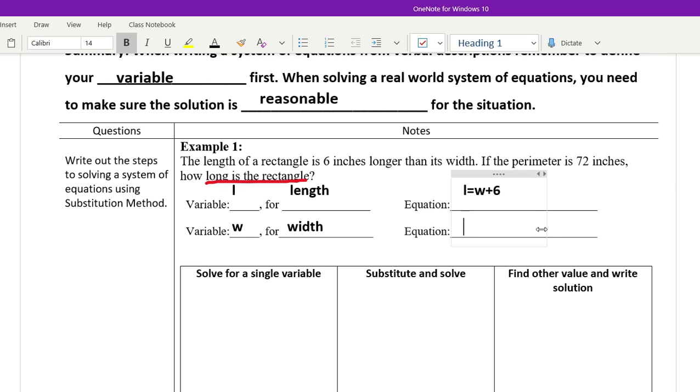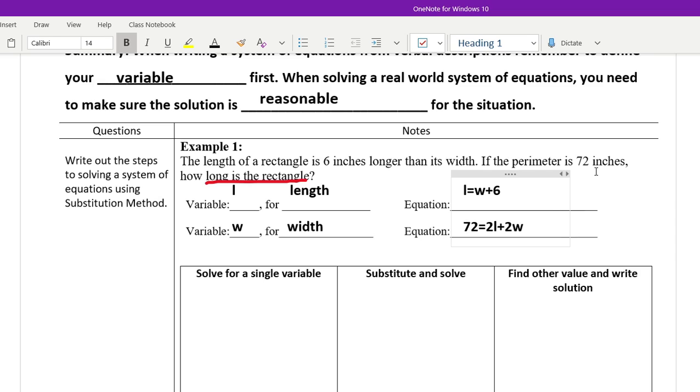Our next equation: if the perimeter is 72 inches, this is where we would use the normal perimeter formula. Perimeter equals 2 lengths plus 2 widths, but it's letting us know the value already.